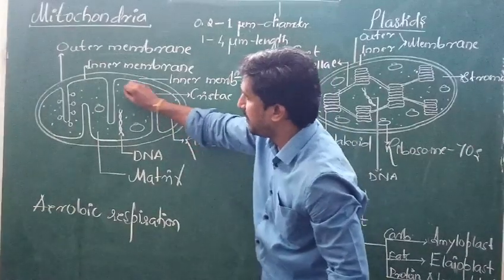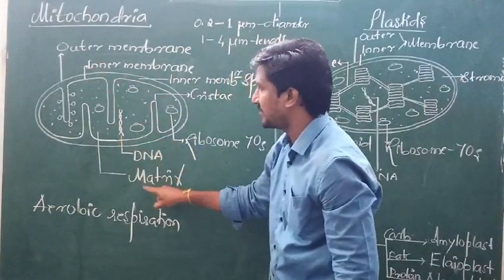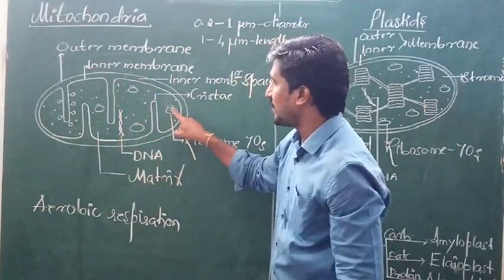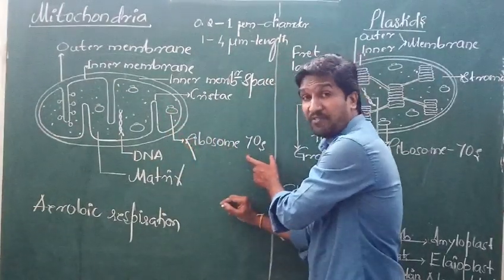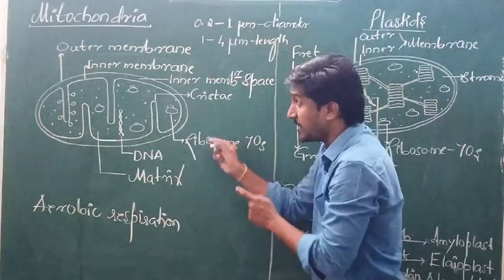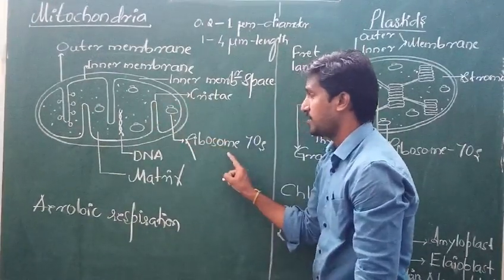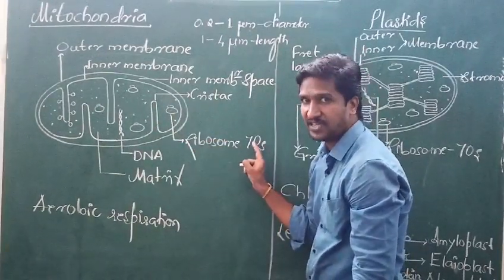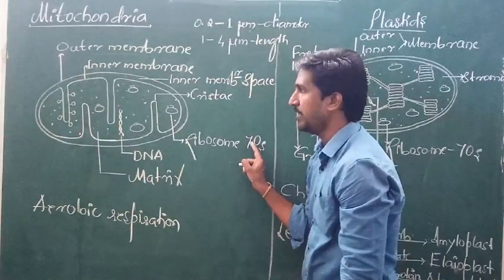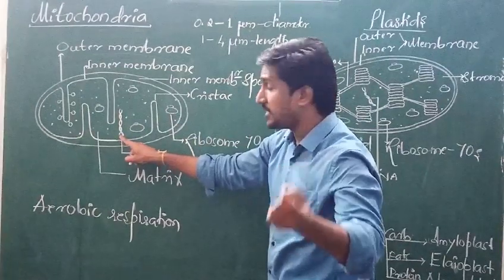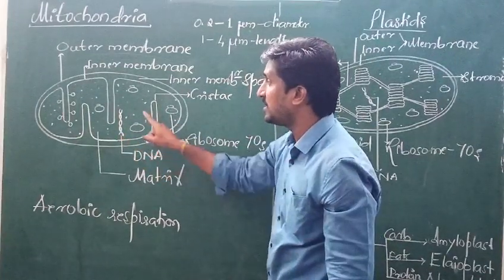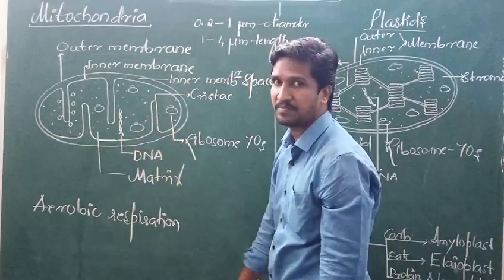This cytoplasmic fluid-like matrix consists of the cell organelle called ribosomes, which are of 70S, not 80S. Inside the mitochondria, ribosomes are present and they are of the 70S type. Right? A small piece of DNA is also present in the mitochondria.